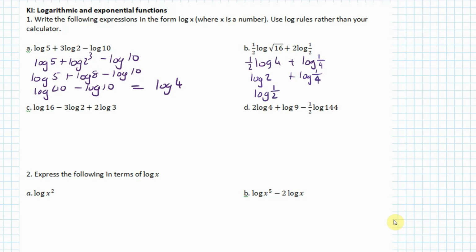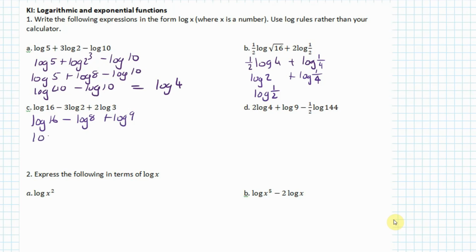Okay. Right, next one. Next line for C, I would go log 16 minus log 2 cubed, which is log 8. And then it's plus log, now 3 squared, which is log 9.